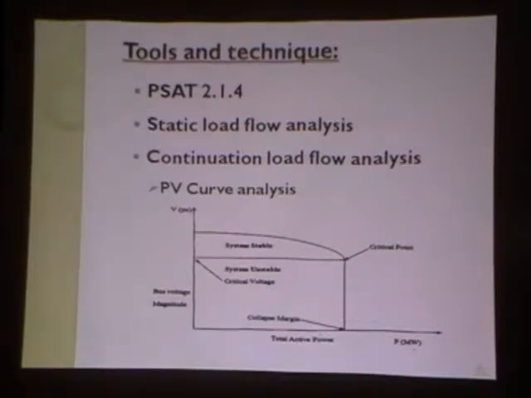So this is the PV curve. The PV curve is the plot between transmitted power versus receiving-end voltage. From this we can evaluate the collapse margin of the system and the critical voltage point. By analyzing the critical voltage point of the grid after wind energy integration, we can know the penetration level of the system. That is one aspect.